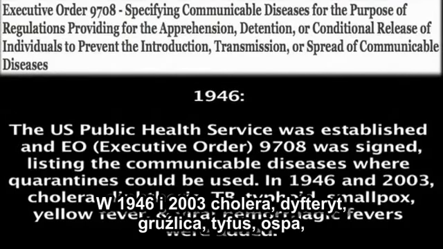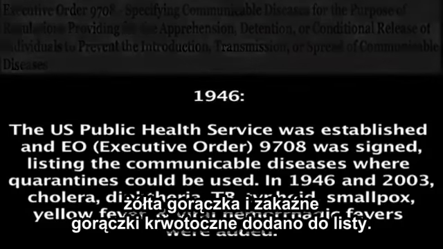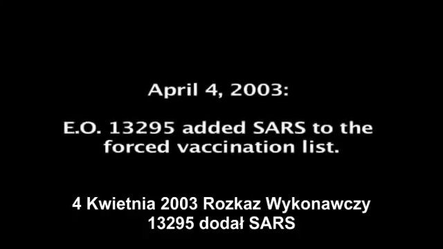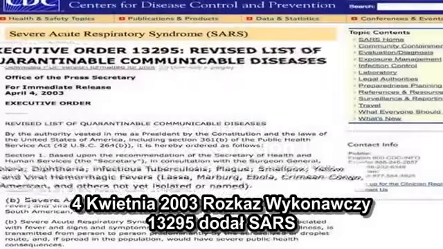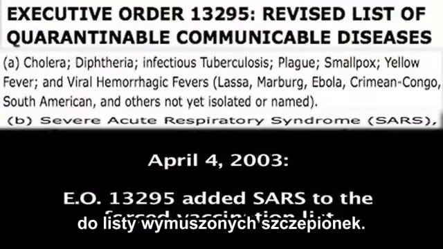In 1946 and 2003, cholera, diphtheria, tuberculosis, typhoid, smallpox, yellow fever, and viral hemorrhagic fevers were added to the list. On April 4, 2003, Executive Order 13295 added SARS to the forced vaccination list.